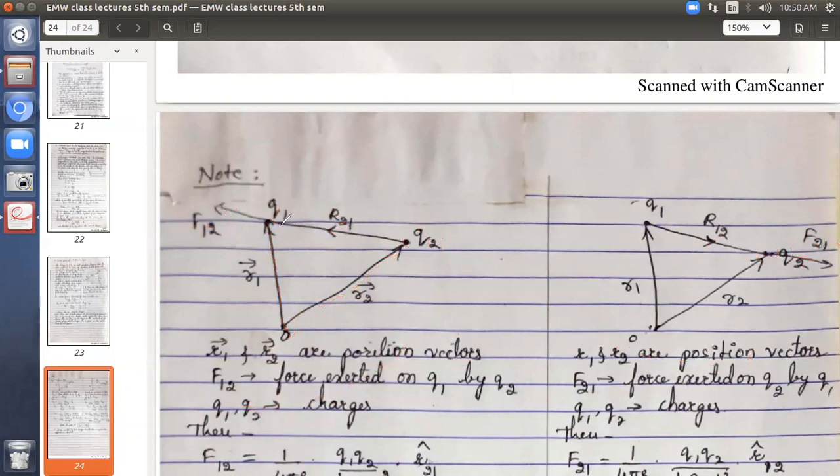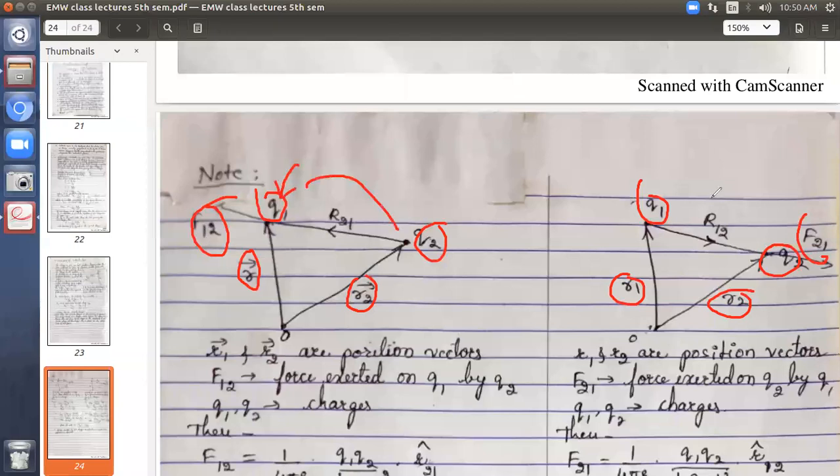However, the distance from the origin is the same in both the cases. Charges Q1 and Q2 are the same in both the cases. However, the force F12 indicates force on Q1 due to Q2.